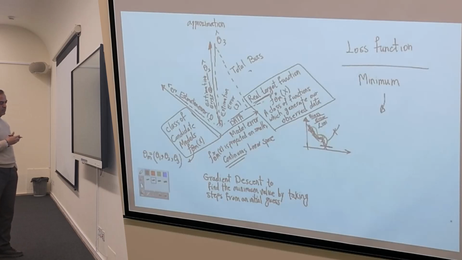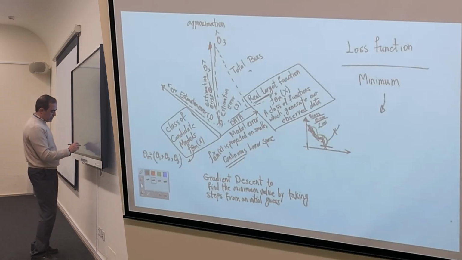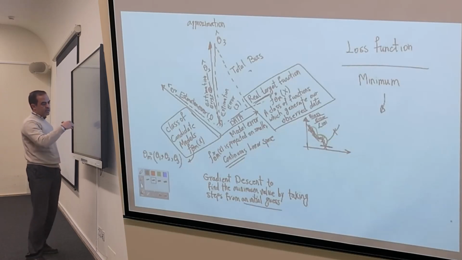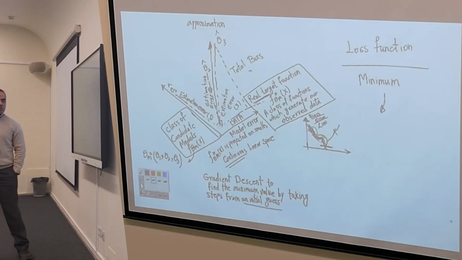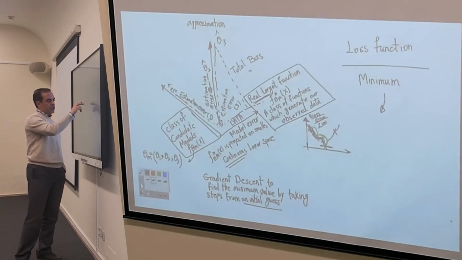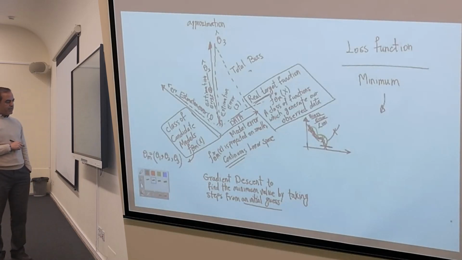To reach the best value, we start from an initial guess and then try to make good steps and step lengths to reach the minimum of that loss function or the bias.